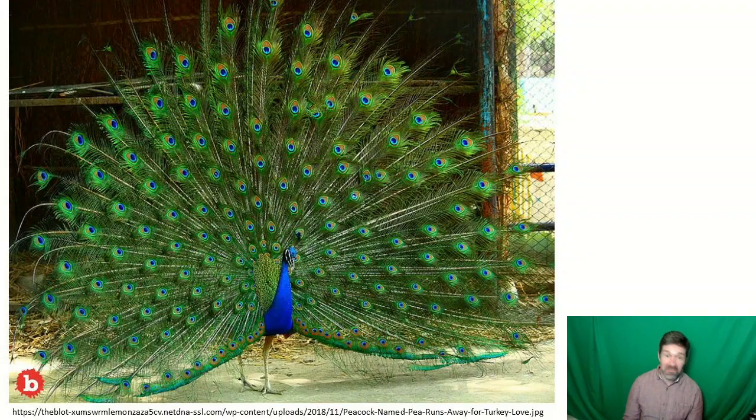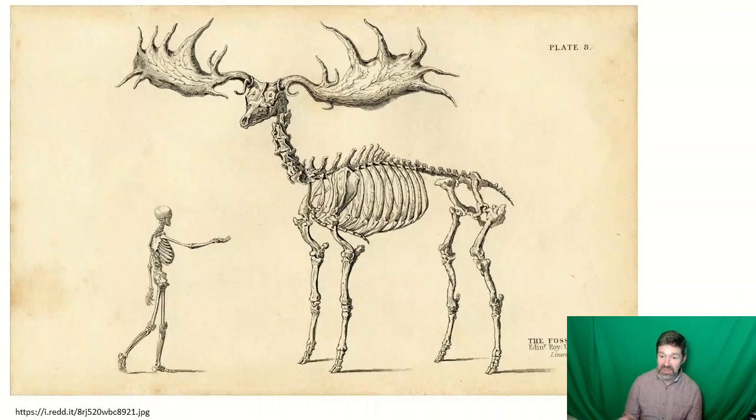Now, this can reach extremes, right? So we think about the Irish elk. Here is a species that went extinct, and antlers are part of sexual selection, and they are used for combat to acquire females and for display, right?